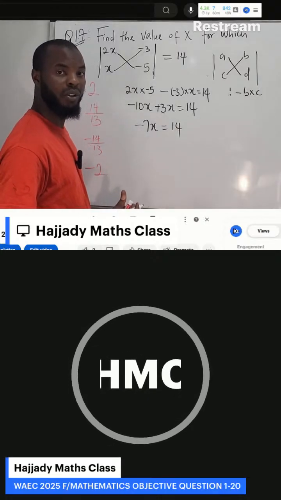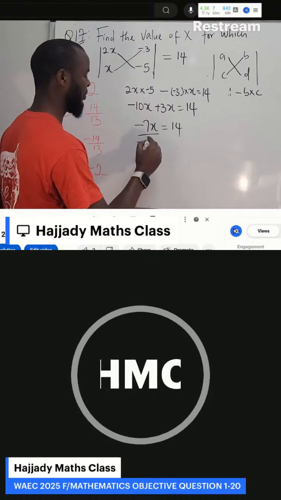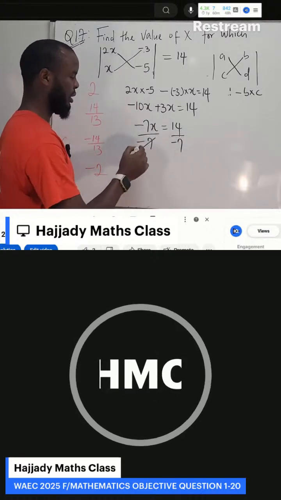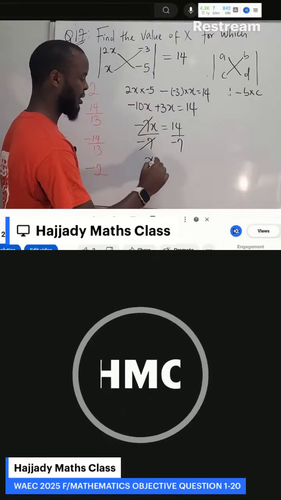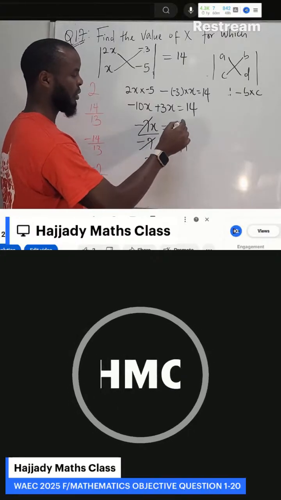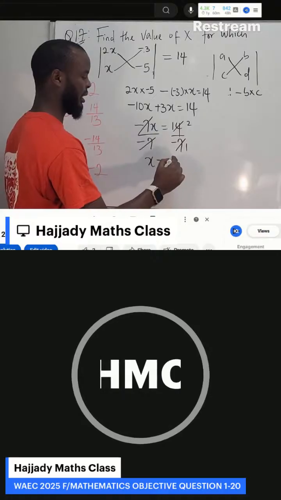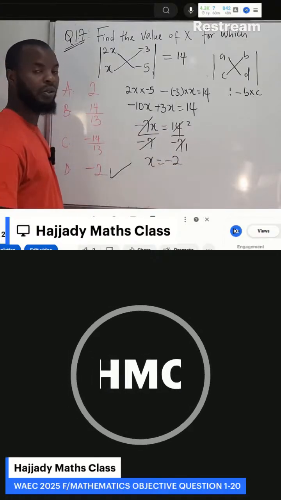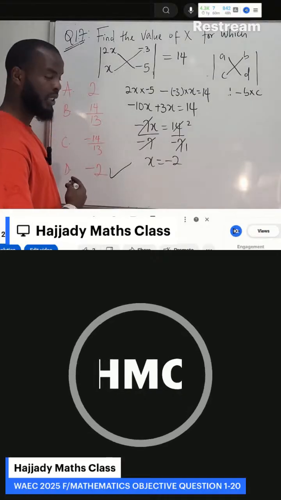Dividing both sides by the coefficient of x, which is -7, this cancels out, I'm having an x. 7 here 1, 7 here 2. I'm having -2. Looking at these options, my right answer should be option D.